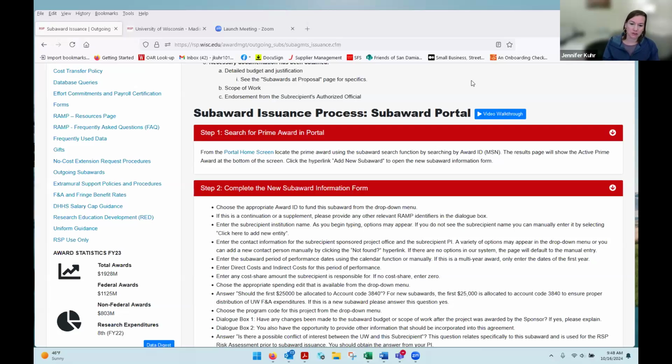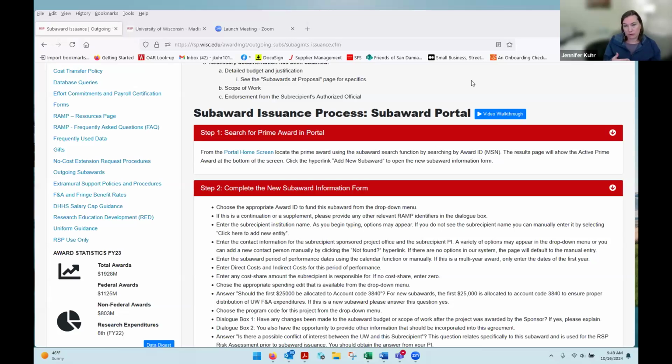So I want to just make sure that that's really clear because I know there's been a lot of confusion about that. If you do have an award that you've had set up already, and you know that it was set up so that the subawards were just one project number for the life of the award, but it has carryover restrictions, please reach out to your accountant and we can make sure that that's on a list so that we can add subsequent projects for that award.